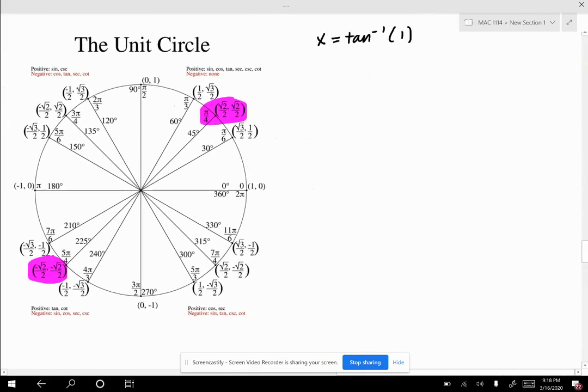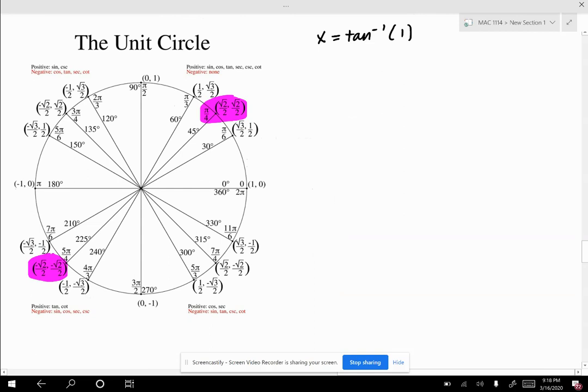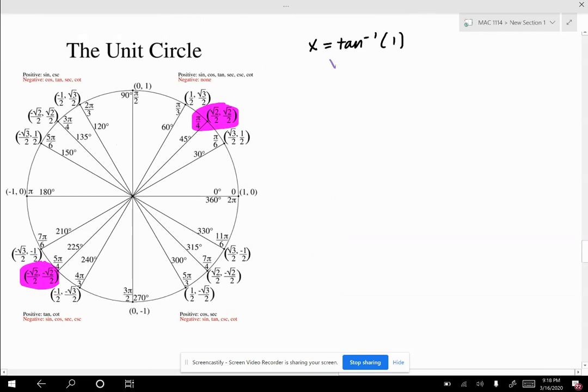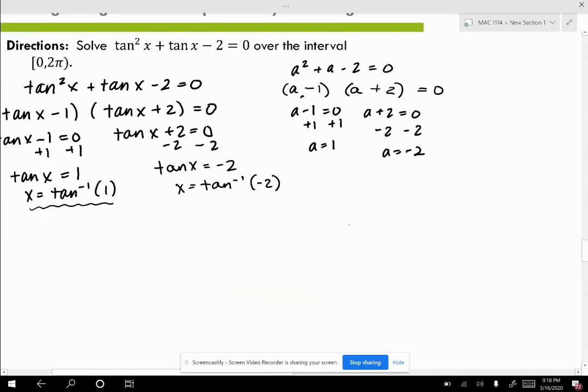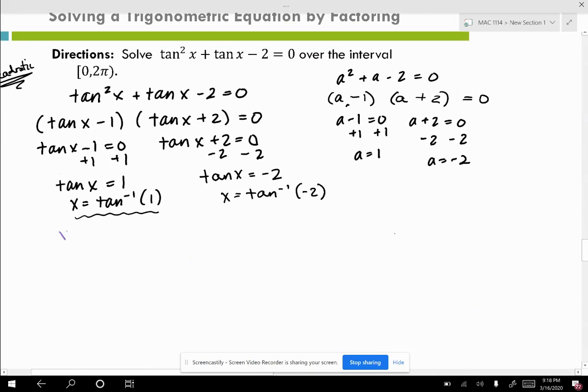So when I answer this question, which angles give me a tangent value of 1? Well, x is equal to pi over 4 and 5 pi over 4. So I can go ahead and write that under my problem. x equals pi over 4 and x equals 5 pi over 4.